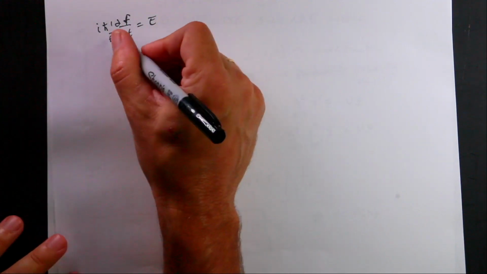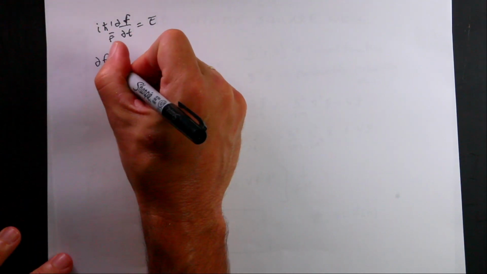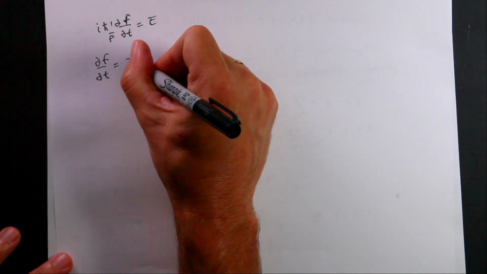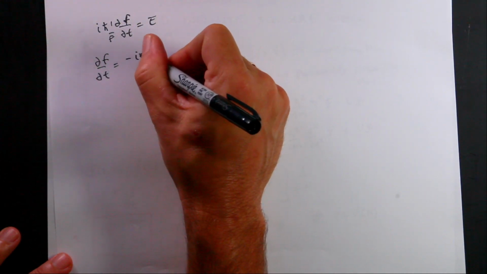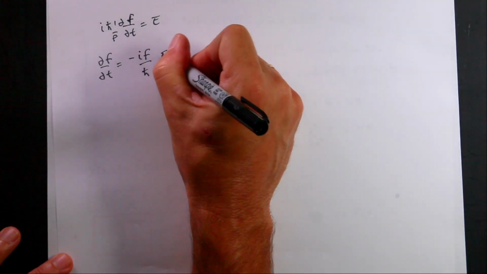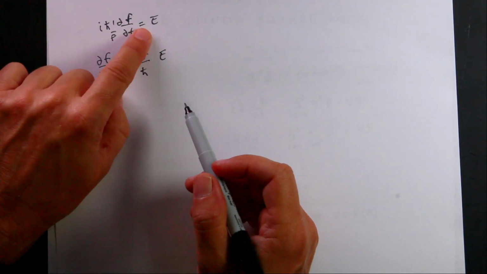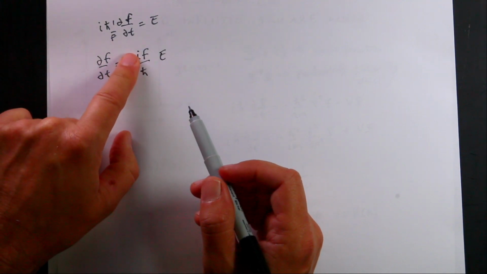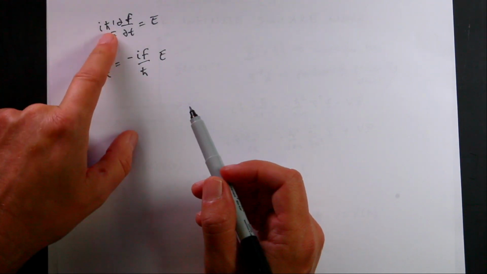Let's just solve this as the partial of f over t equals negative i f over h bar E. I should have written that backwards, but I divide both sides by h bar. I divide both sides by i, but dividing by i is the same as multiplying by negative i. And then I multiply both sides by f.